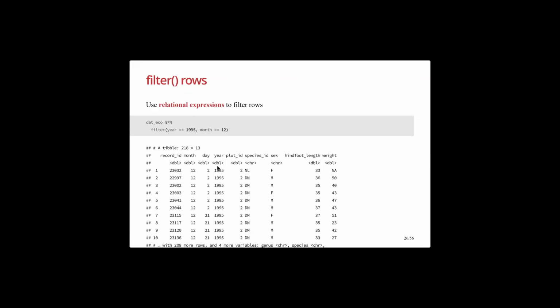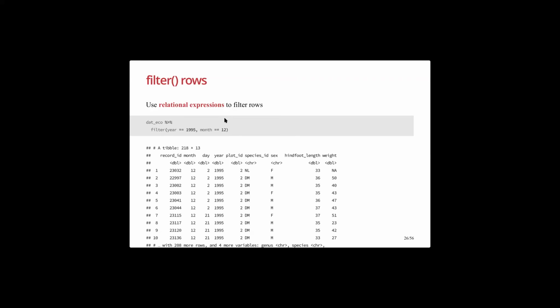And again, if we have a look, what it's spat out here is a data set with all my variables, because I said I want everything. But the year here is equal to 95. That's great. And the month is equal to 12, because that's exactly what I told it to do. I only want those rows where year is 95 and the month equals 12.